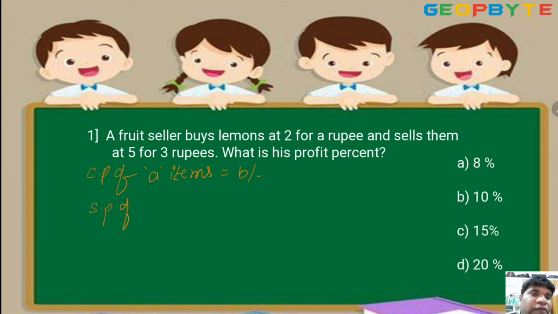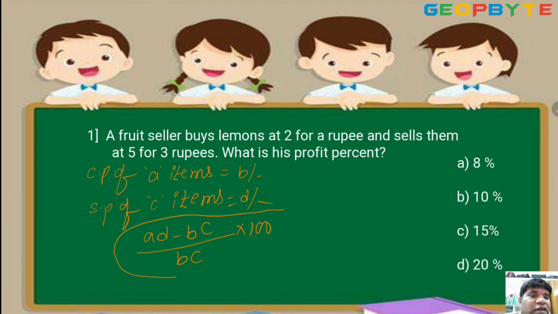Selling price of C items, same item, lemon means same lemon, pen means pen, same item, is D rupees. Then the answer is AD minus BC upon BC into 100. Suppose the result has a positive symbol, you got a profit. If the result has a negative symbol, then you got a loss.